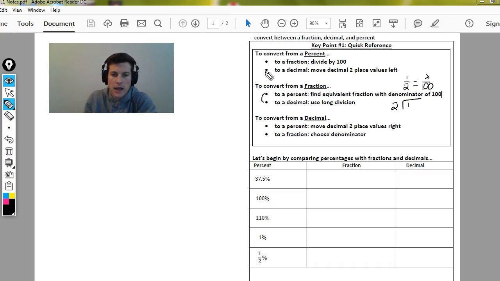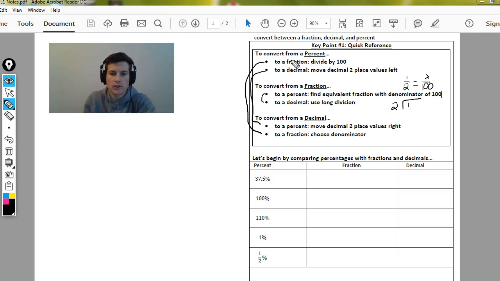There's another pair of strategies here, these two, because if we have a percent and we want a decimal, we move our decimal place. Or if we want to go the other way from decimal to percent, we move our decimal place. And you're going to see several examples. So those are kind of just opposites of each other. And let's draw a line for this last pair, okay?